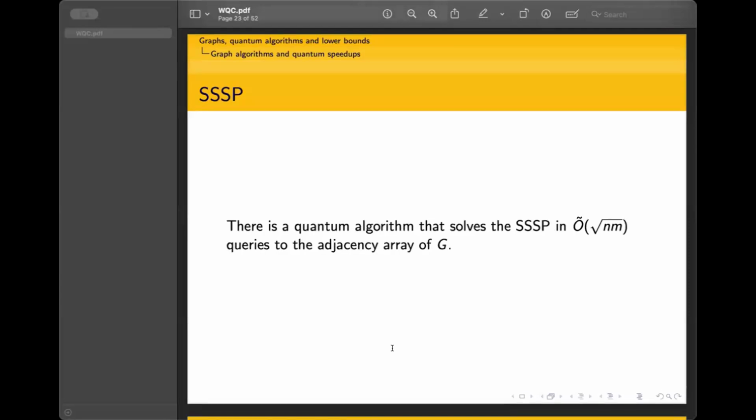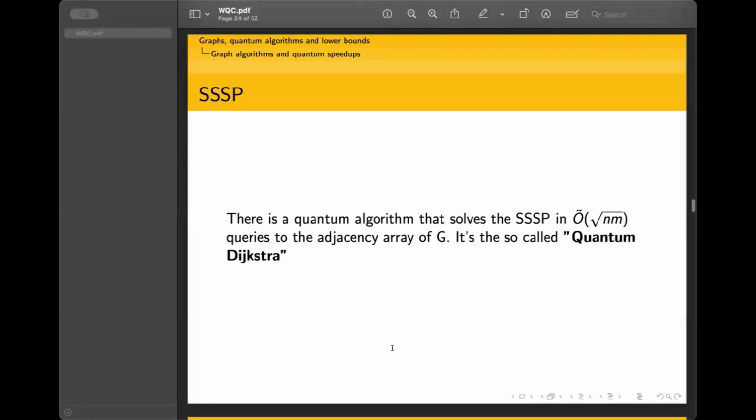Classically you solve it via the Dijkstra algorithm. It's one of the most popular algorithms, which requires order of m steps. And quantumly it has been shown, in the same paper which I mentioned already, that this so-called quantum Dijkstra is solvable in square root of nm steps, which you can convince yourself is a little bit better than order of m for some more dense cases.